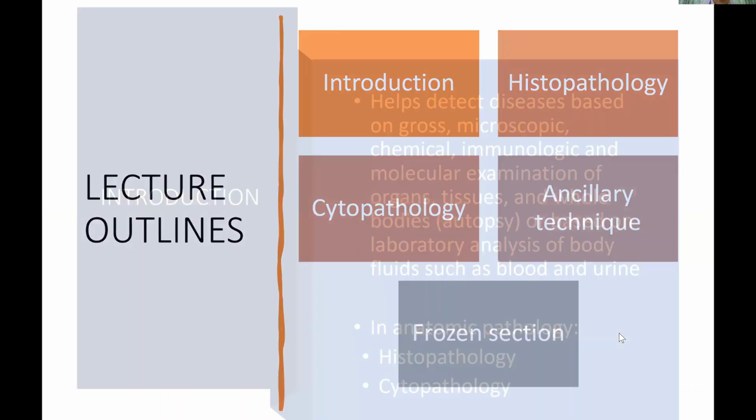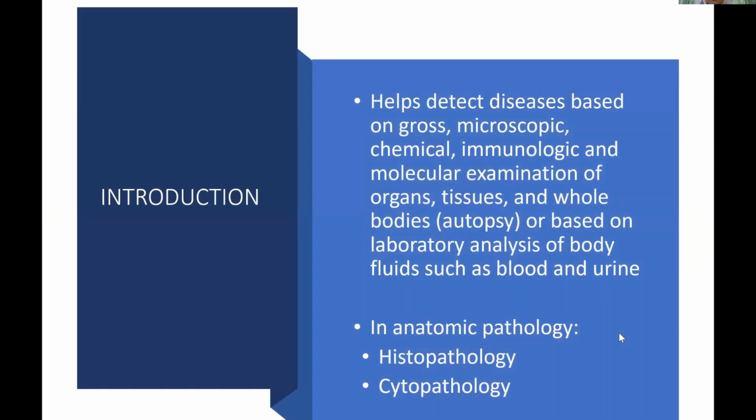For the introduction, when we say diagnostic histopathology, it is actually a process to detect disease based on gross and microscopic findings, with additional information or investigations from ancillary techniques like chemical, immunologic, and molecular examinations of the organ, tissue, or any specimen that you provide to us, or autopsy, the whole body.